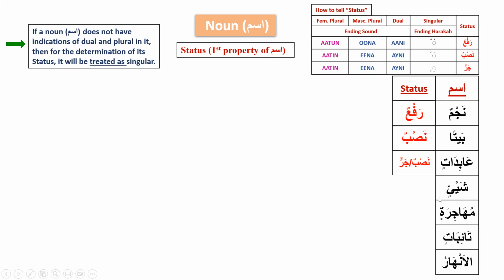Zainab? Okay, your word is shay'in. Do you see any signs of dual in it? No. Do you see any signs of masculine plural?